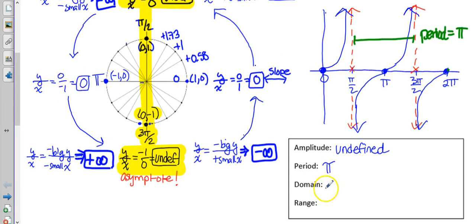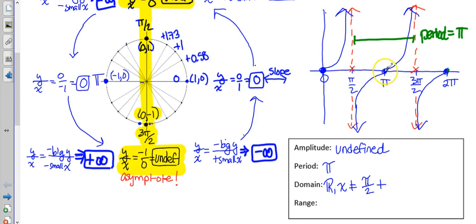Let's talk domain. Our domain is going to be all real numbers except. Let's see if we can figure out how to talk about where x cannot be. Well, think back to the very first day we did characteristics. We always asked ourselves, where does it happen first? So the very first x value that cannot be happens at pi over 2, plus, how long till the next one?